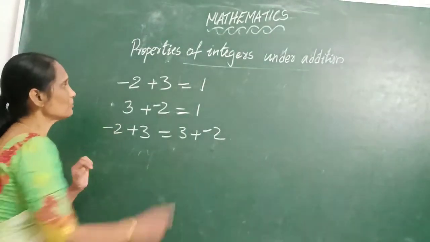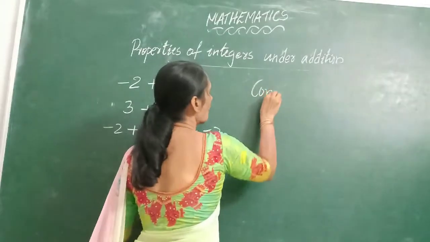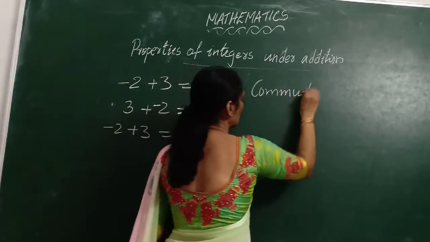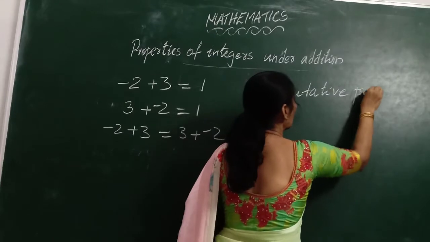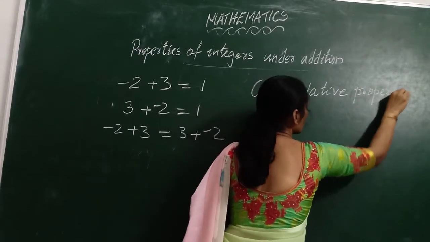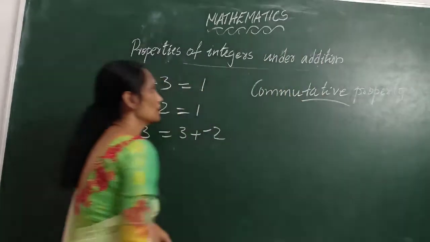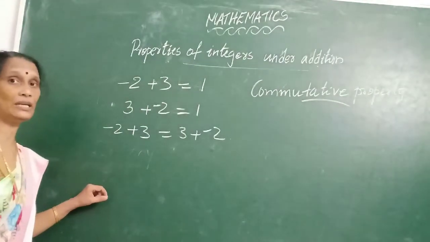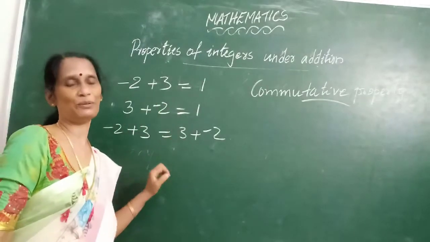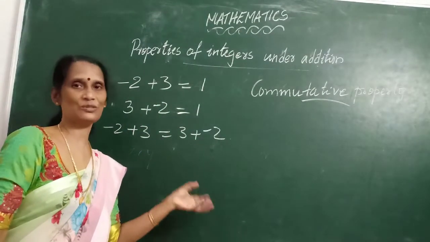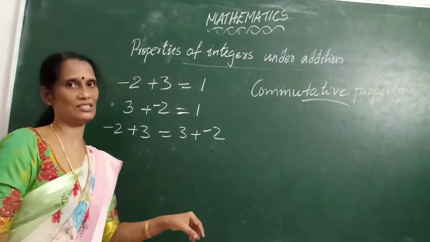So this property is known as commutative property. Commutative property under addition. Because we are talking about addition. So what is commutative property? When we change the order of numbers, the sum does not change.